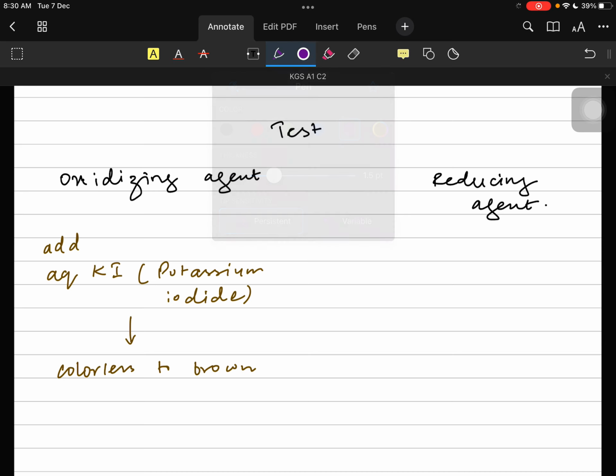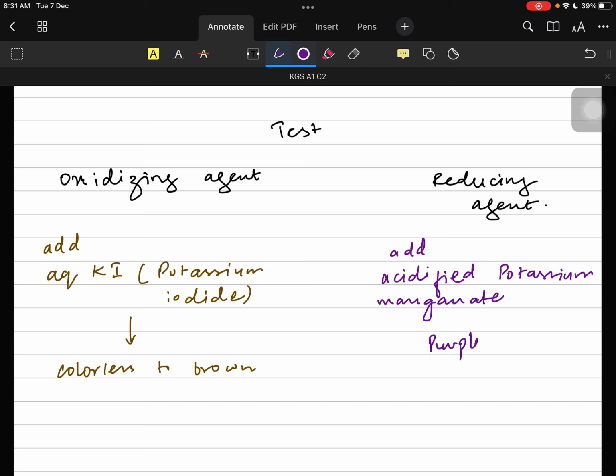The other test is for a reducing agent. You add acidified potassium manganate. Acidified means acid has already been added into the chemical. Now, if the color of the potassium manganate changes from purple to colorless, your chemical is a reducing agent.